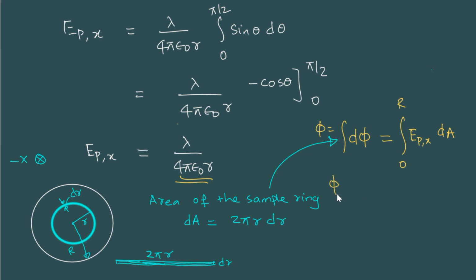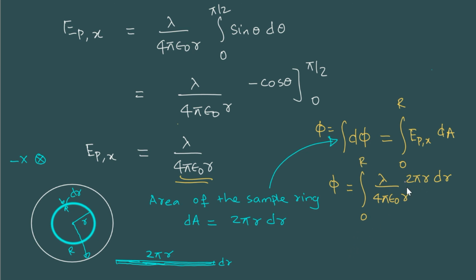So the flux will be, let's substitute the values. I have lambda by 4 pi epsilon naught r, and then dA, which is 2 pi r dr. Then you integrate from 0 to capital R. Now I think the integral looks really nice.